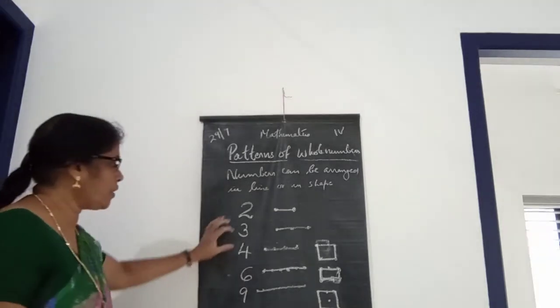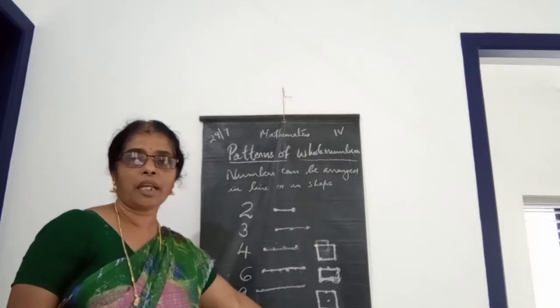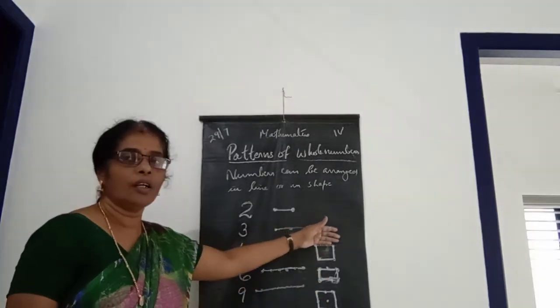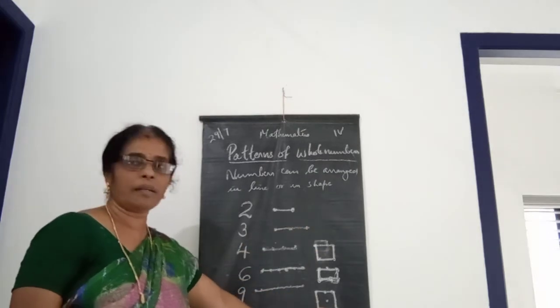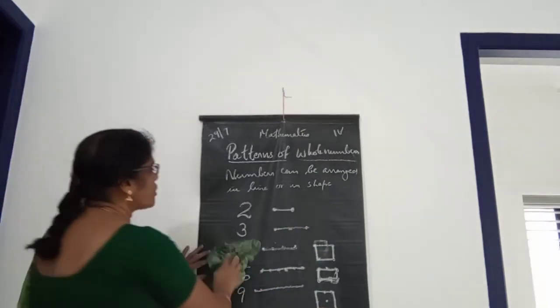So we can make use of these 4 and 9 for making the shape square. Here 1 square, here 1 square. This is the number 4, and here is the 9. Okay. Then other numbers also.